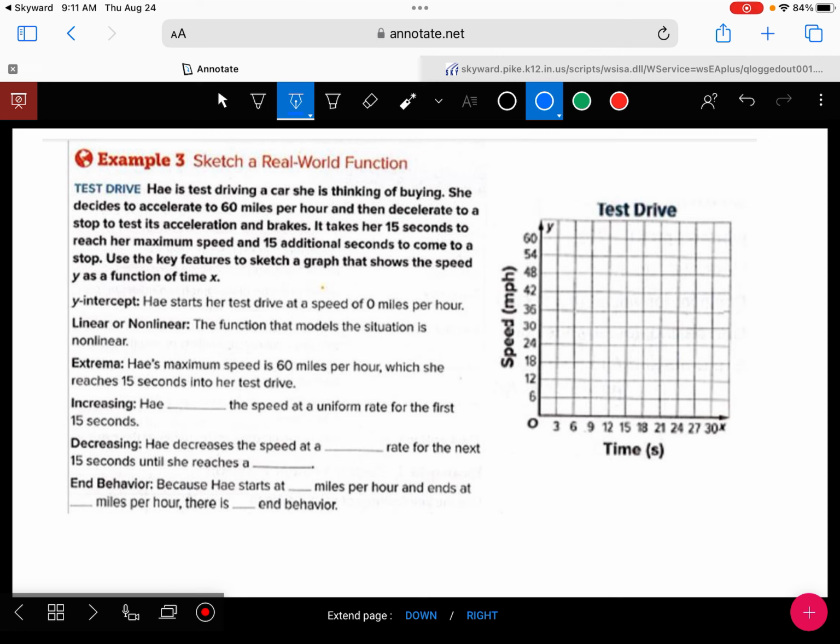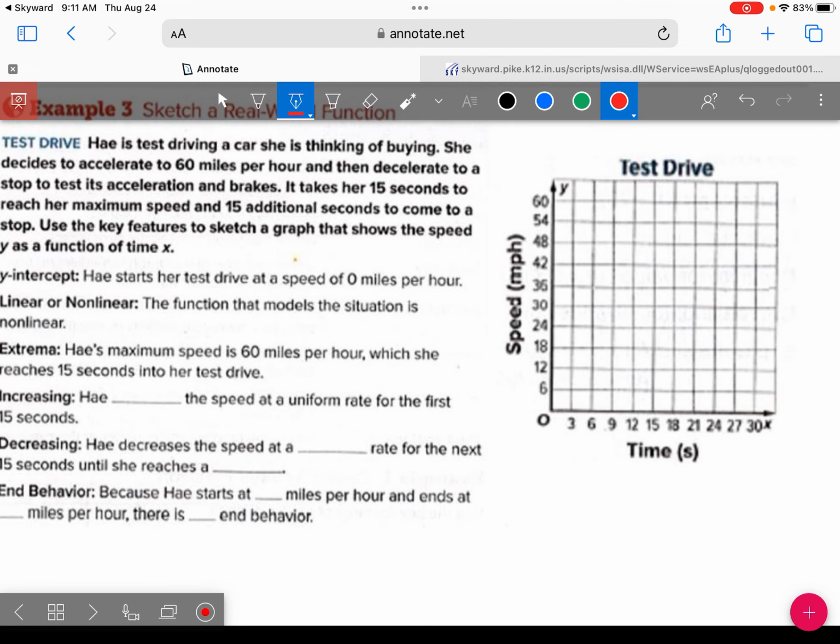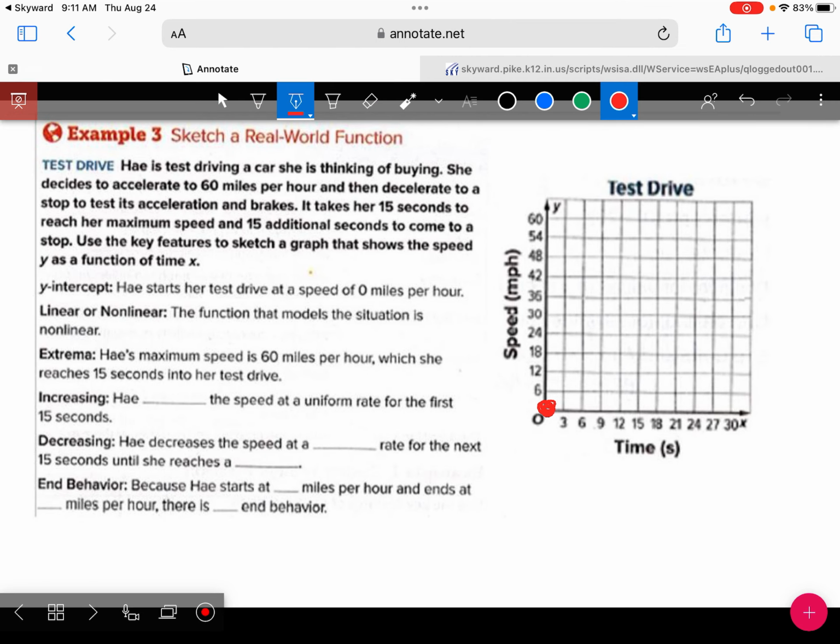So her y-intercept, she started off at 0. So let's go ahead and put a point here at 0. This function is nonlinear. Her maximum speed is 60 after 15 seconds. So at 15, we're going to put a point at 60.